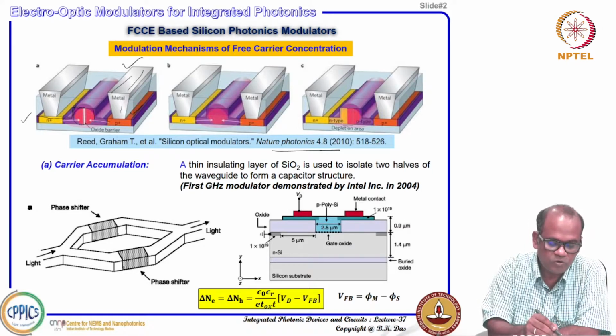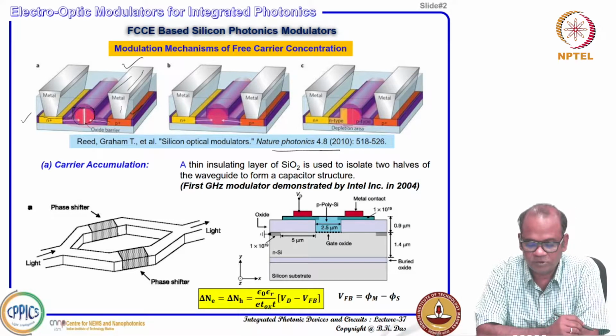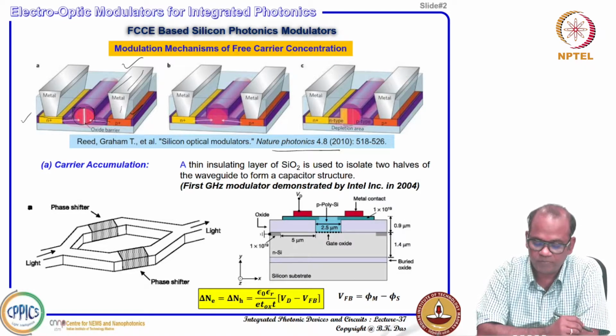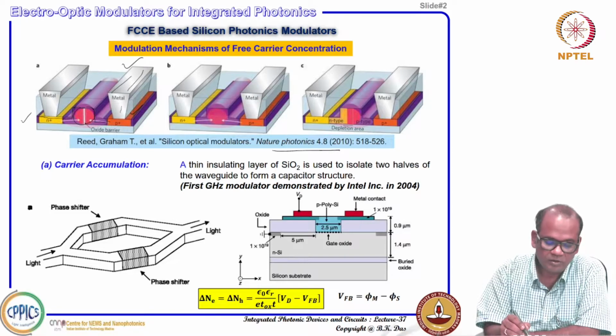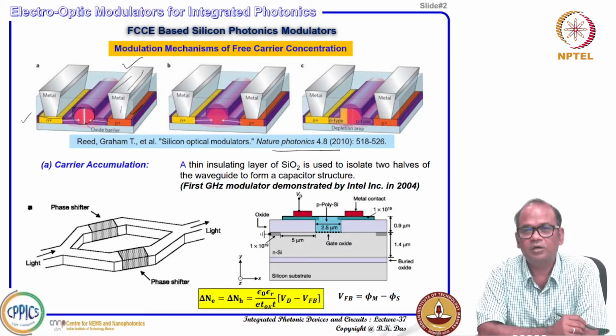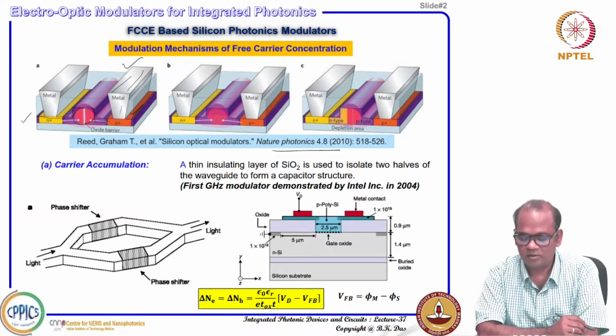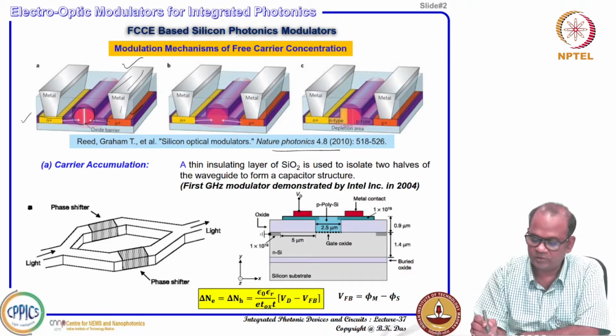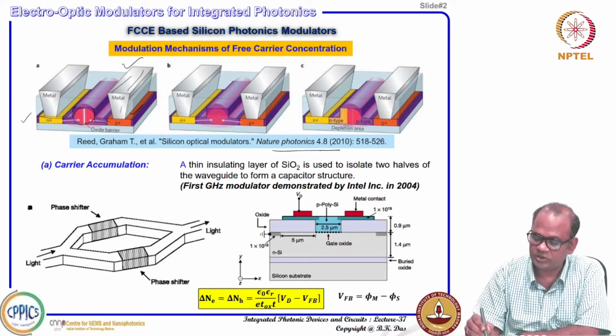This is your guided mode. It is shown with some red spot here, and here also there will be a guided mode. So the only difference is that the thin layer of oxide is not there. And another type of structure is a pin type waveguide structure.